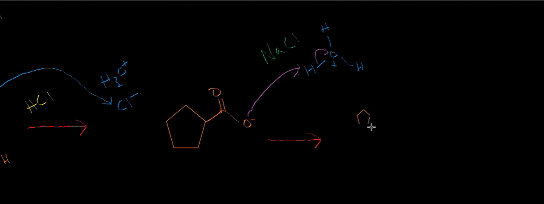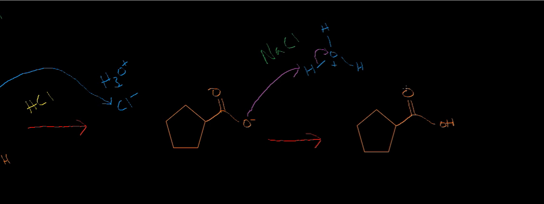And here is our final product, an acid, okay? If you need any more assistance with the mechanisms, like I said, you could request it in an additional video, but that is a form of a carboxylic acid.